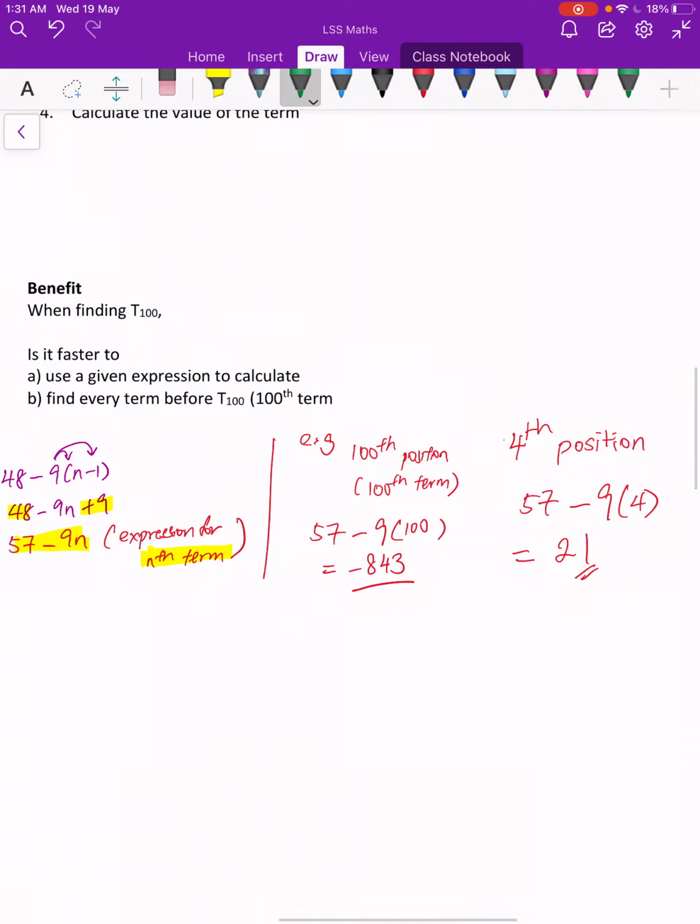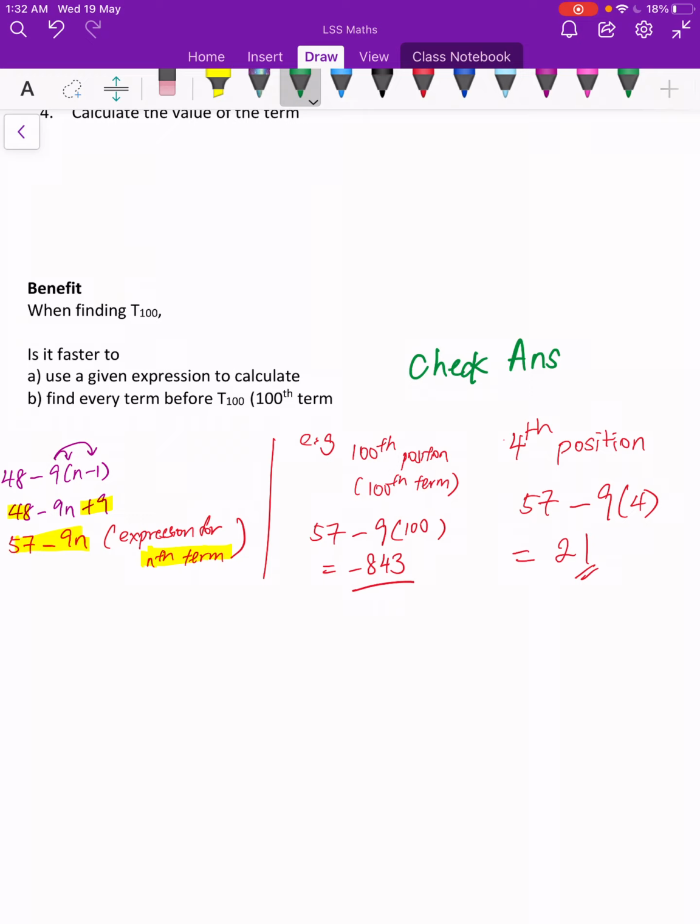What I'm doing here is just to show you how we can check the answer. I also show you the benefit of finding the expression for the n term.